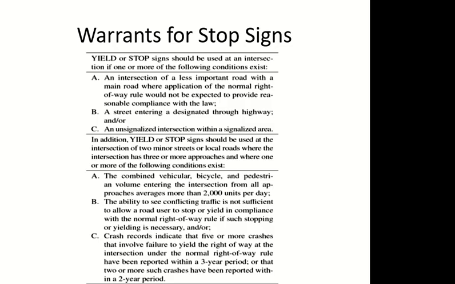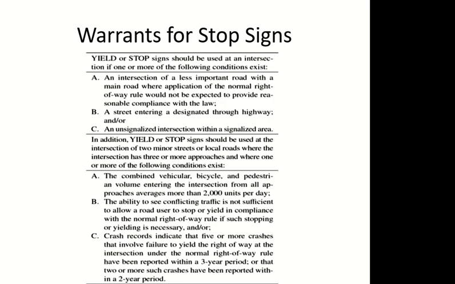So if you have 5 or more crashes of this type in a 3-year period, then you can or you should go for a stop sign. So we had two sets of conditions. If you meet any of them, you will go for a stop sign. One is for major crossing a minor road, and the other set is for minor crossing minor.